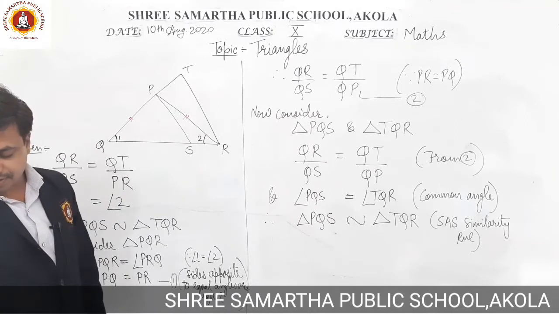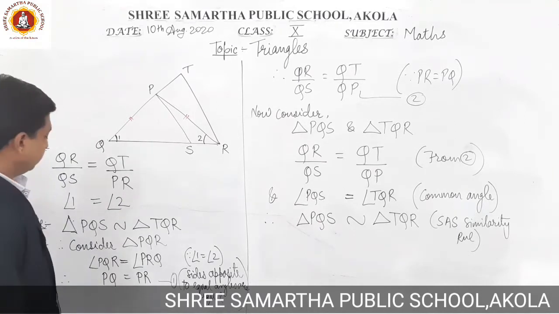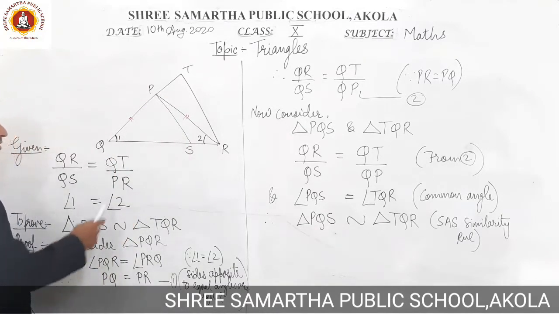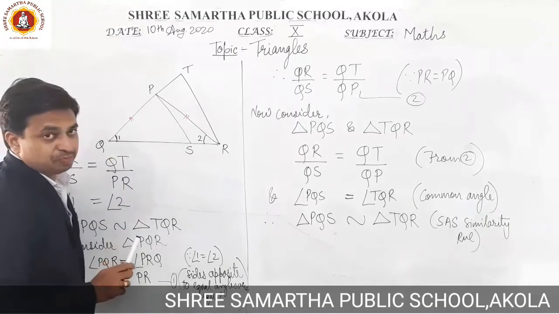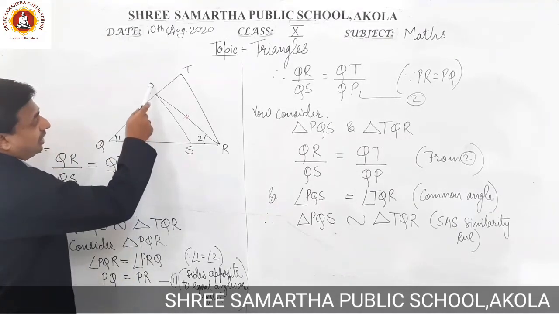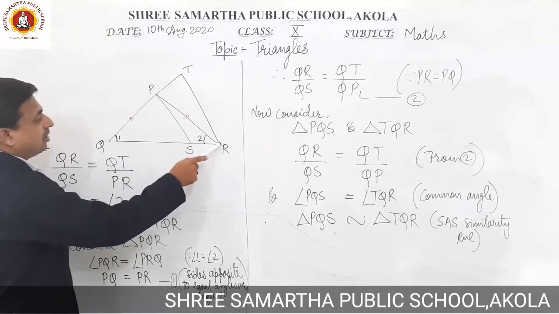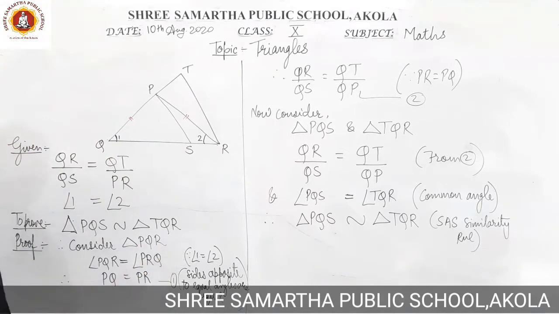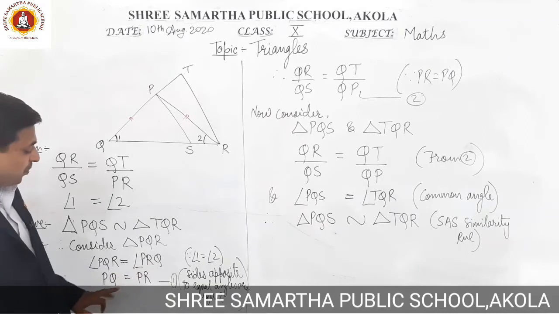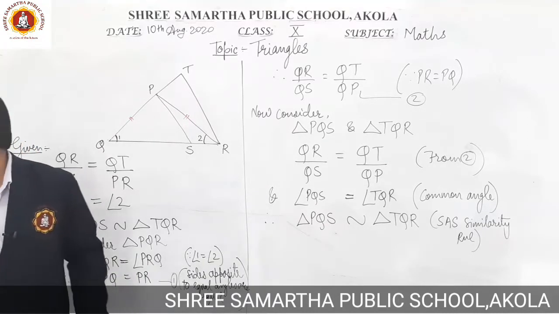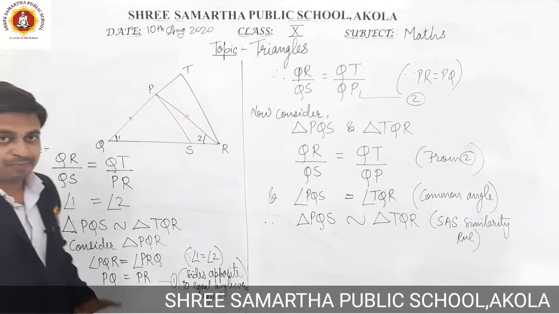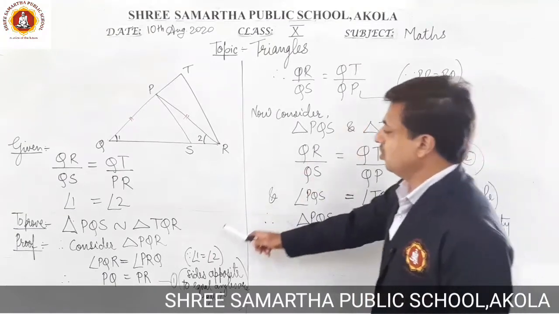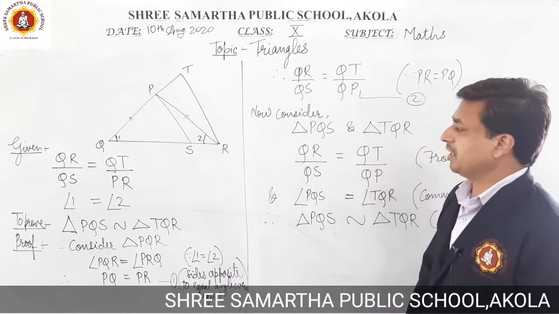First, consider triangle PQR. In this triangle, it is given that angle 1 is equal to angle 2. So PQR is equal to PRQ. And if these two angles are equal, then the sides opposite to these two angles will also be equal to each other. Therefore, this triangle becomes an isosceles triangle. So the two sides are equal, that is PQ is equal to PR.